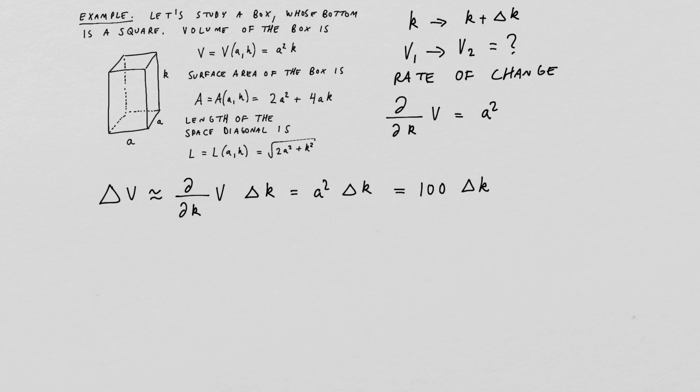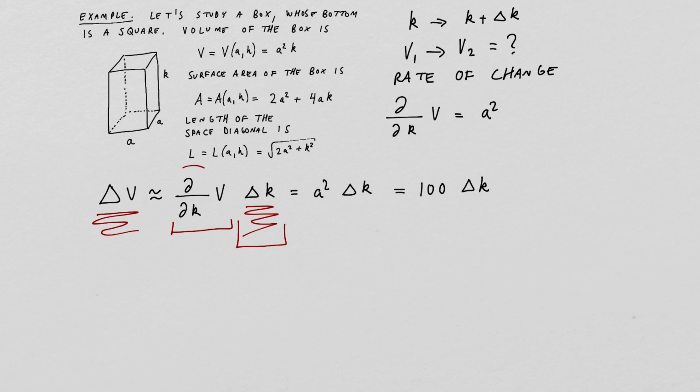When k changes by the amount delta k, the volume will change by the amount delta V, and delta V is equal to the product of the partial derivative times the change of k.